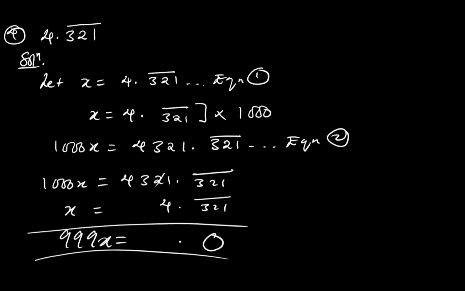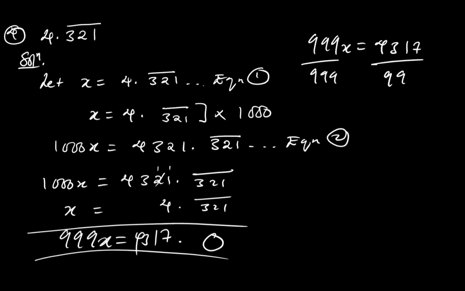So that will give us surely a 1. Then that will give us 7134. So we're having 999x being equal to 4317. Dividing both sides by 999, you will get the value of x to be equivalent to 4317 over 999.